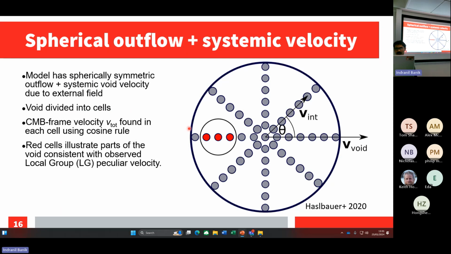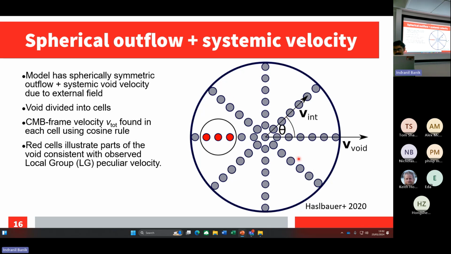But it's possible. I'll just explain briefly that this model consists of slightly symmetric outflow from a void center plus some systemic velocity of the whole void due to even more distant structures, which will be important for various reasons. I'll come on to that. So the velocity in the CMB frame is found by adding the velocity away from the void center with the systemic void velocity using the cosine rule.